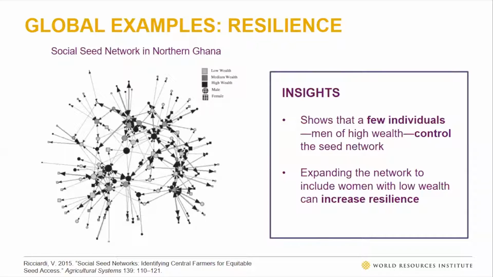And you can see a lot of low wealth on the periphery. So expanding the network to include women and low wealth could increase resilience. For example, if there were times with limited seeds or there were shocks to the system which broke up the network, it's important to think of how to get access to the more vulnerable communities.